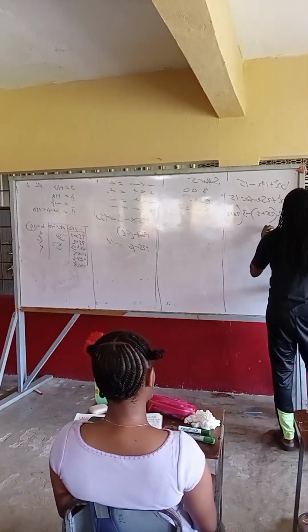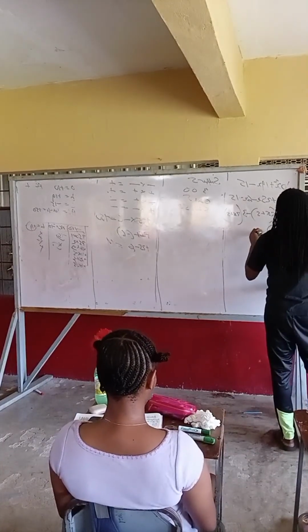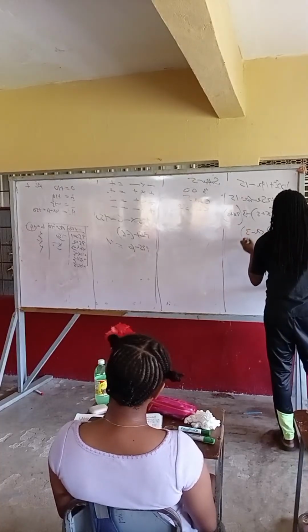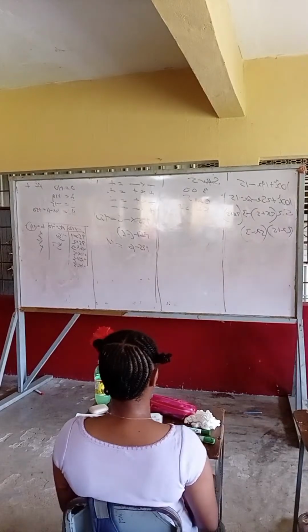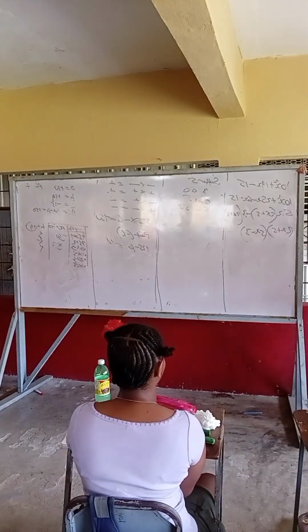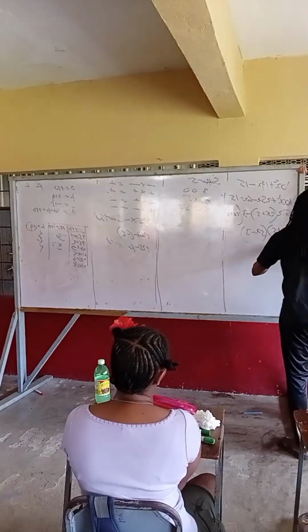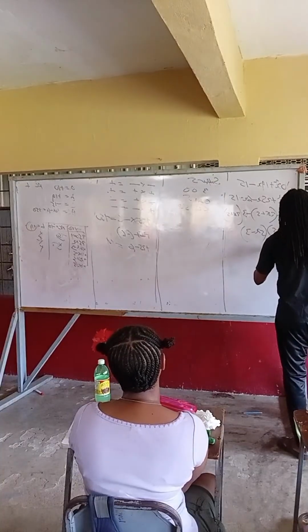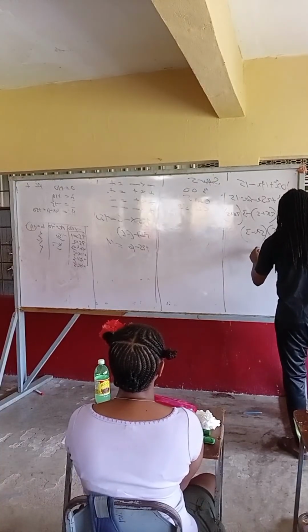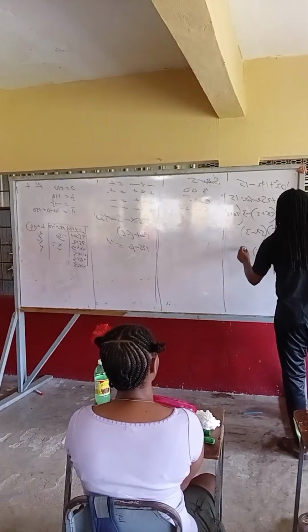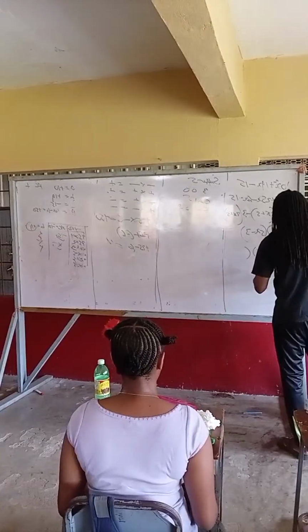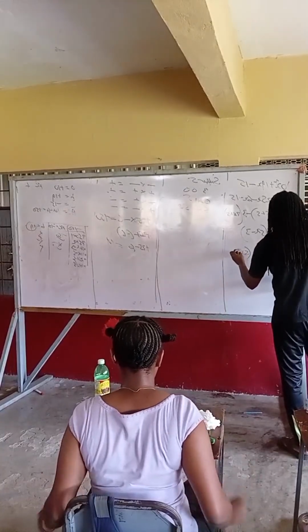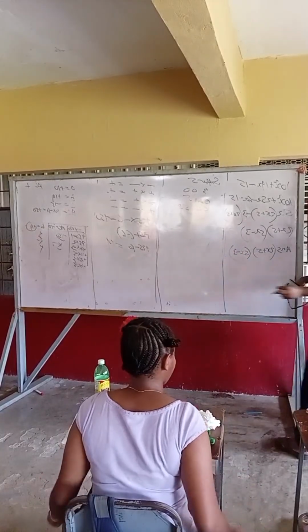So we have 2x plus 5, 5x minus 3. Everybody see that? Yes, sir.